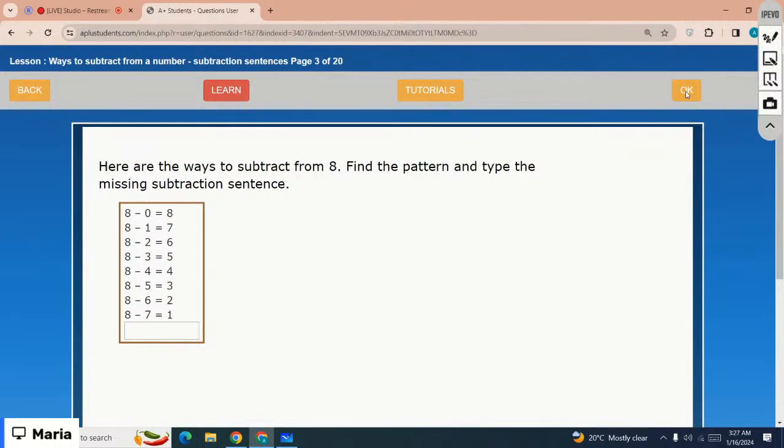Which is the one that is missing? Yes, very good. That is 8 take away 8 equals 0. Yes, the correct one is 8 take away 8 is 0, right?